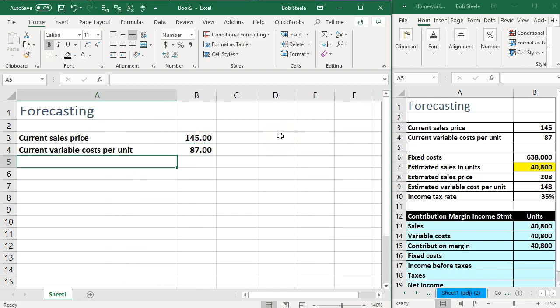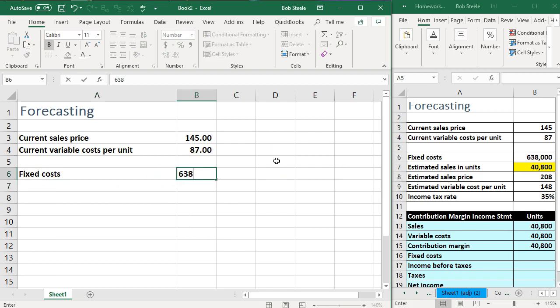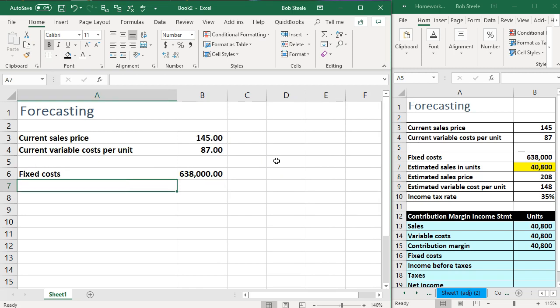And then it gave us fixed costs. So I'm going to skip a line just like we did over here. I'll explain why in a second. Fixed costs. I always keep on missing the S on the fixed costs. I think the finger's not working. 368,000. And then we're going to say that we have the estimated sales in units. That's going to be 40,800 units.